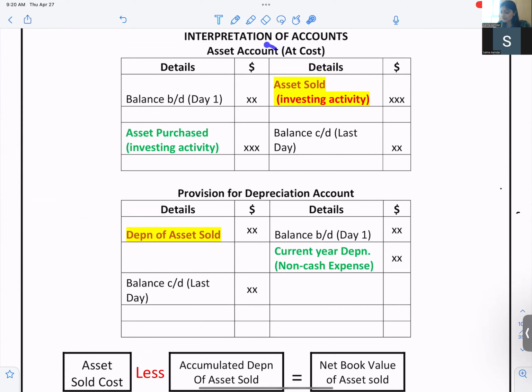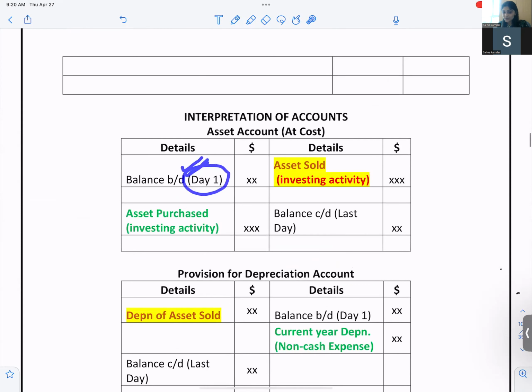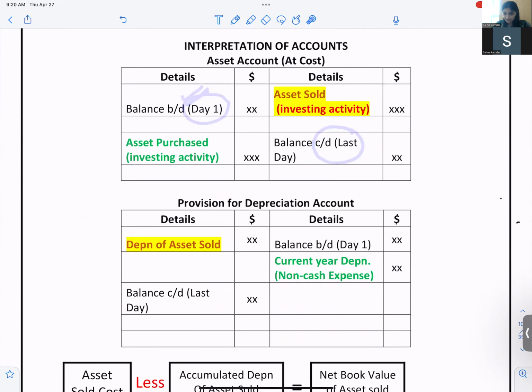The first account that we're going to interpret is the asset account. The rule for the asset account is that it is always maintained at cost. That means you have the balance brought down, which is at cost, and you have your balance carried down, which will be at cost.